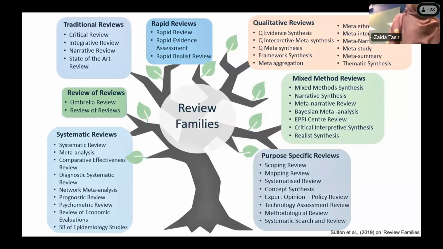And traditional review, this is the common type of review. The rapid review, the qualitative review, the mixed method review, and also the purpose specific review. Scoping review is where you start to scope a certain research focus. That's why it falls under purpose specific review.